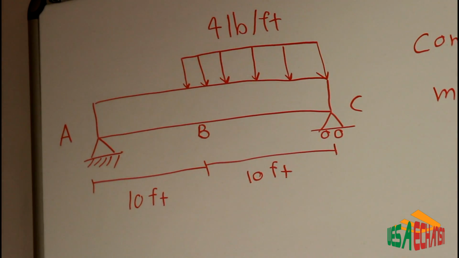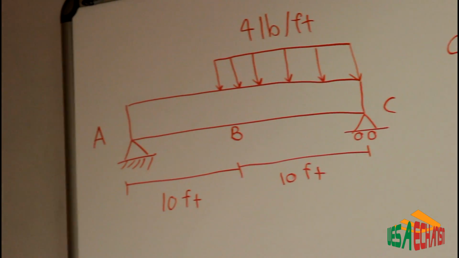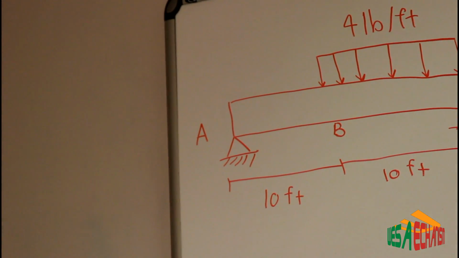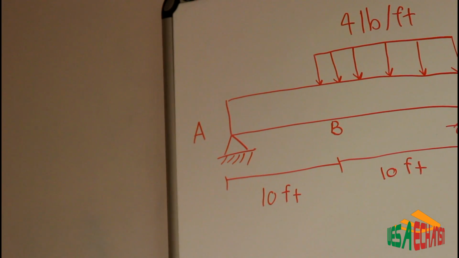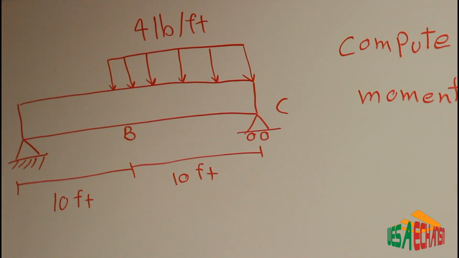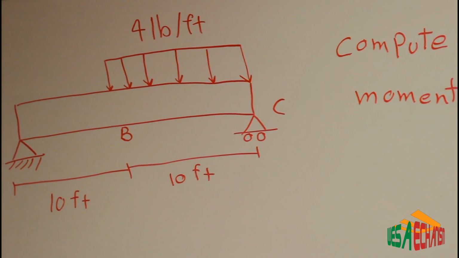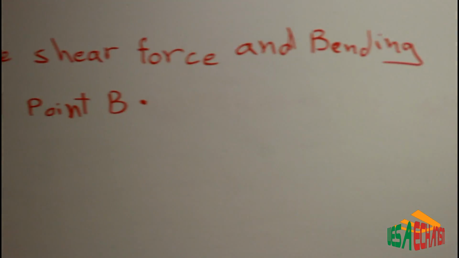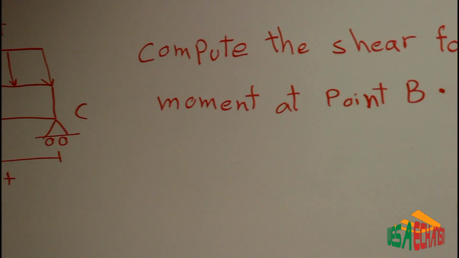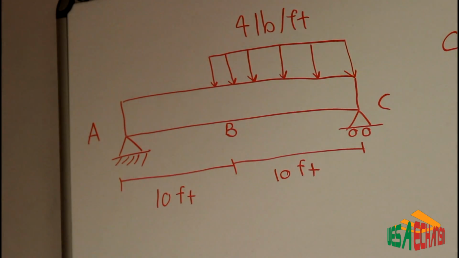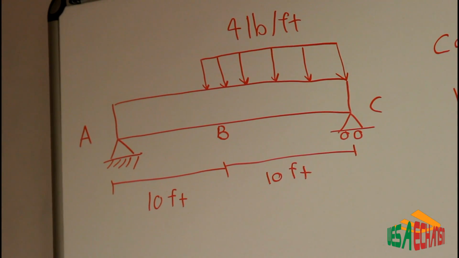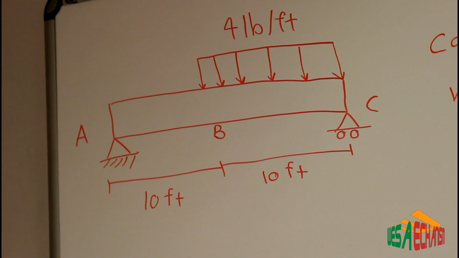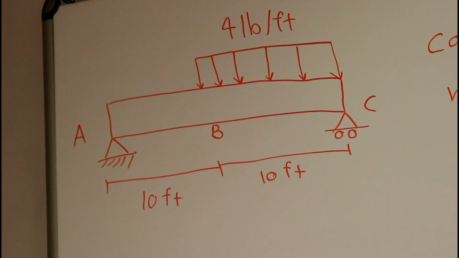As we can see in this problem, we have a distributed load of 4 pounds per foot, and also two forces acting on A, one force acting on B, and one on C. The question says to compute the shear force and bending moment at point B, which is the center of this beam. Now let's see how we are going to solve this problem.